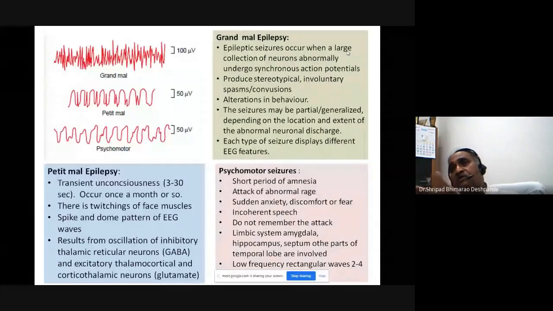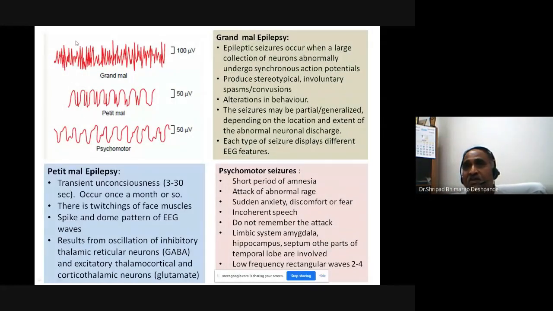I will not go into the details of grand mal epilepsy, but you will see the large amplitude wave pattern seen in it. It produces stereotypical involuntary spasms, what we call convulsions. There may be alteration in behavior. He may have a headache, he may be depressed, and he will come back to normal only after some time.